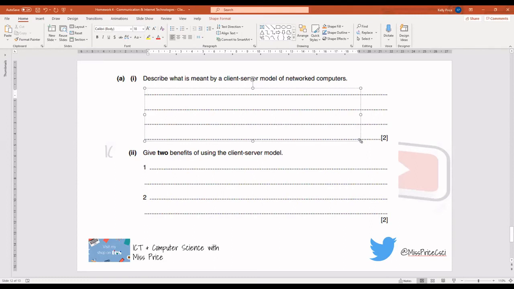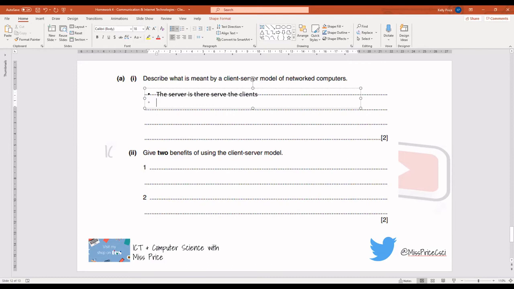Right. Describe what is meant by a client server model of network computers. As I said, the server does what it says on the tin. The server is there to serve the clients. It's a two-mark question, so we've got to add in more: the computers that are served are known as clients.